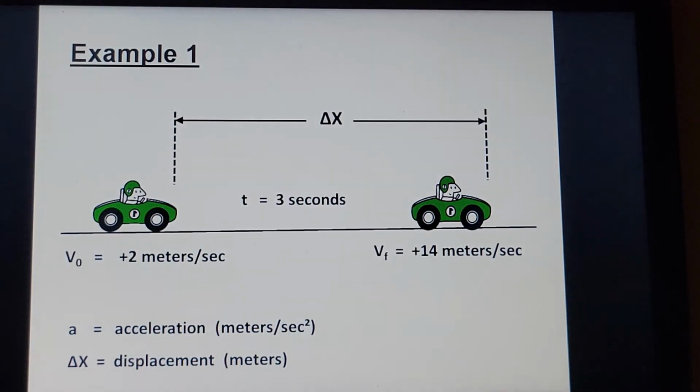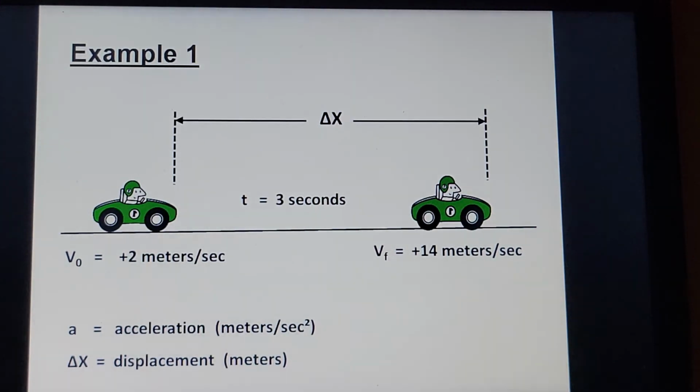So I think it's always useful to draw a little picture of your problem. It helps you to visualize what it is you're trying to solve. It doesn't have to be anything fancy. Just show the variables and show what you're trying to figure out. In this case, you've got a guy in a race car traveling from left to right. So we're going to define that as a positive direction.